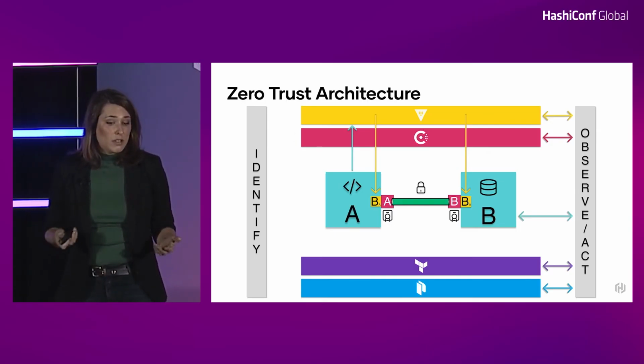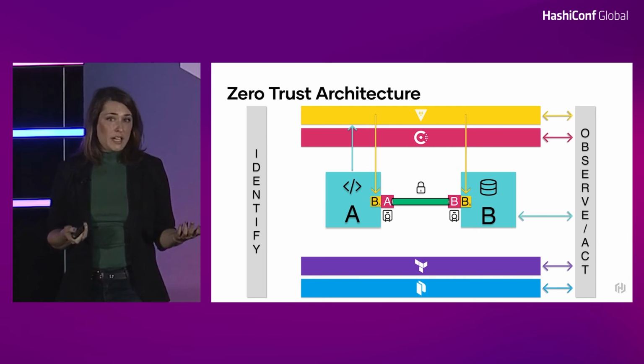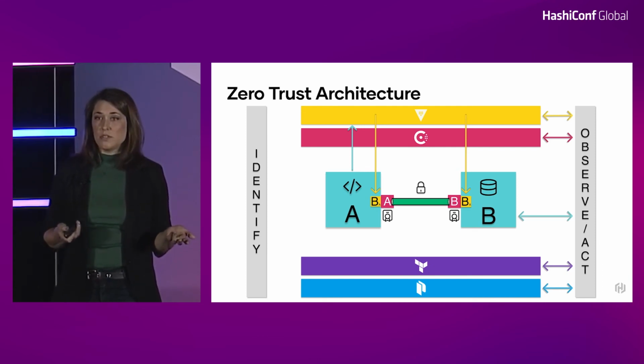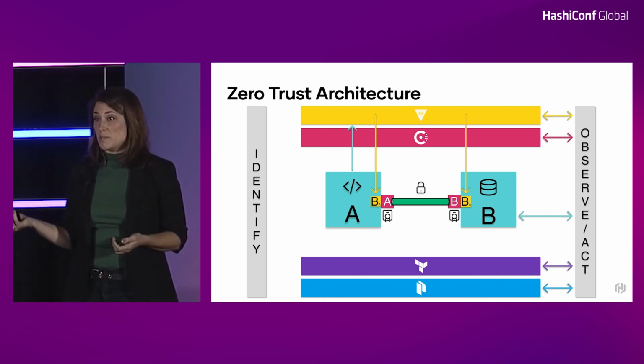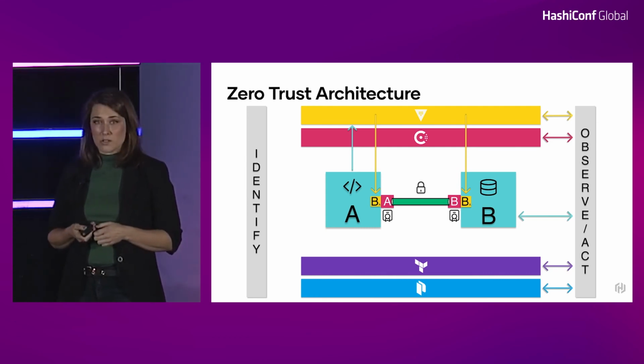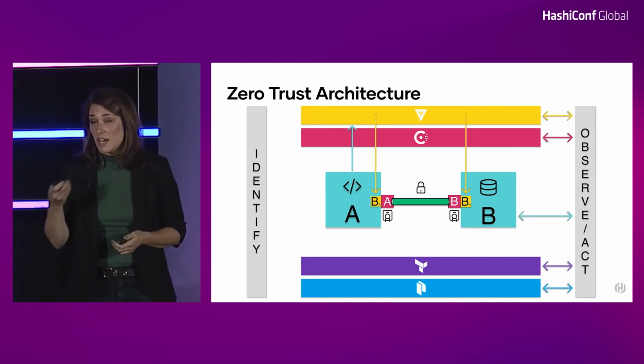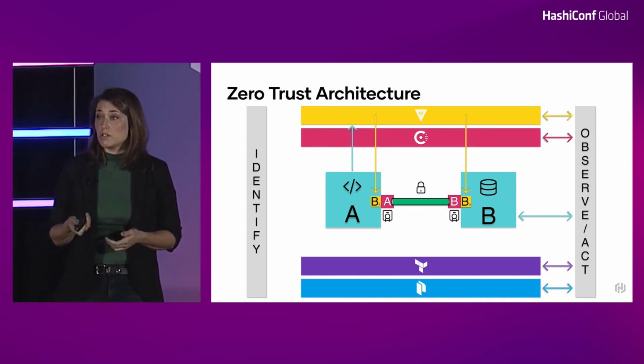Now, I'm going to have service A talk to Vault, tell it I need some database credentials. Vault is going to go to service B and say, hey, I need some database credentials. Service B is going to hand back those database credentials to Vault.